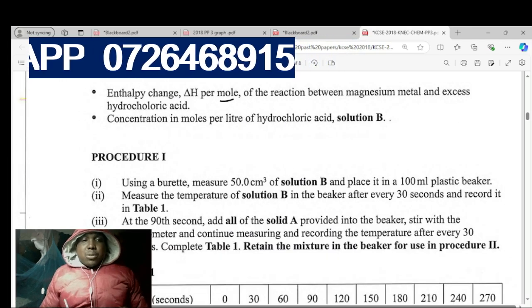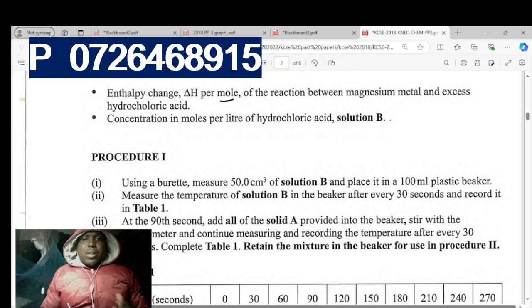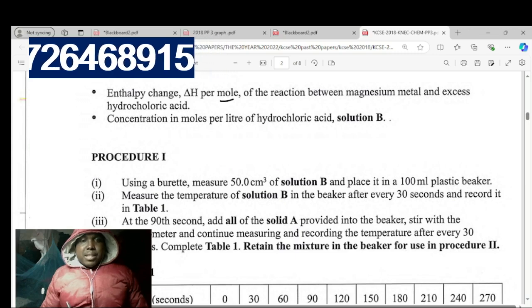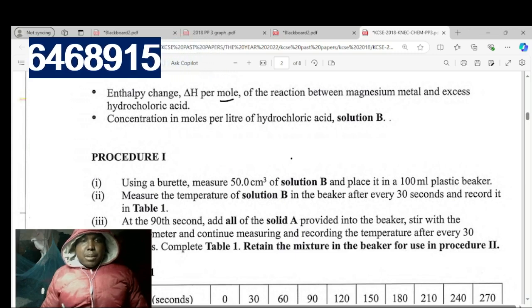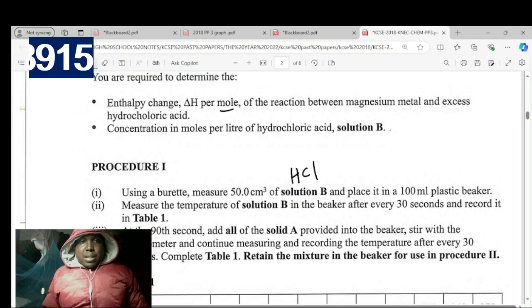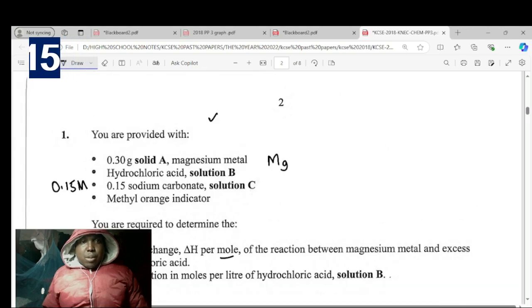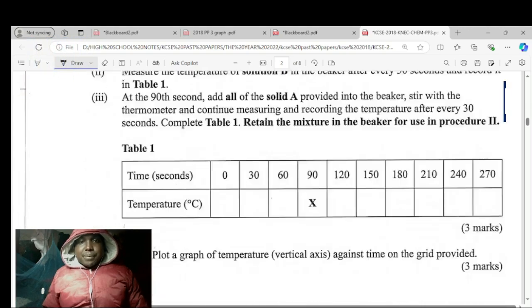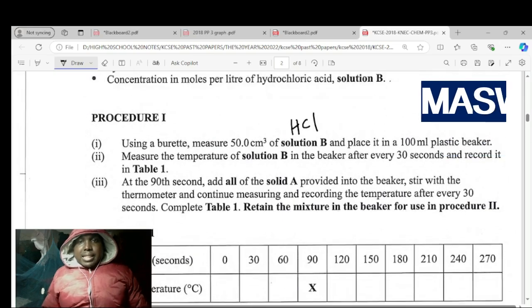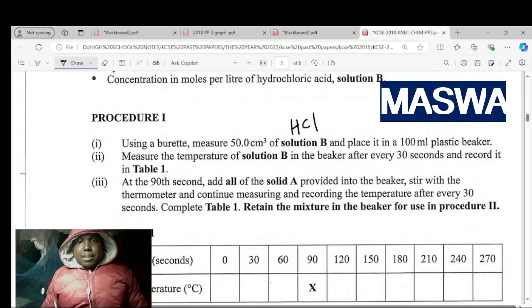It is important for you to understand the procedure, what is happening in the procedure. Using a burette, measure 50 cm³ of solution B, and remember our solution B is HCl. If you doubt, you go back and check. Place it in a 100 cm³ plastic beaker.